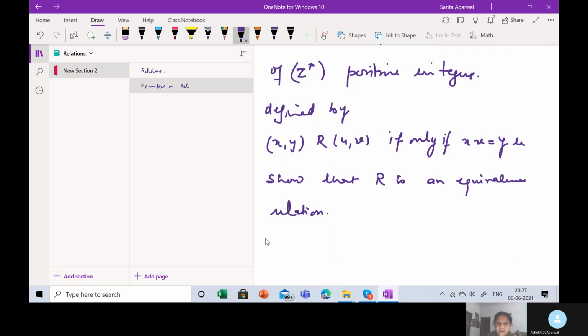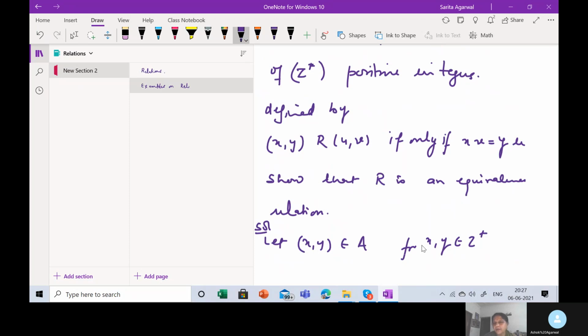Right? Now we are going to prove this. Let (x, y) belong to A, which is a set of ordered pairs of positive integers.